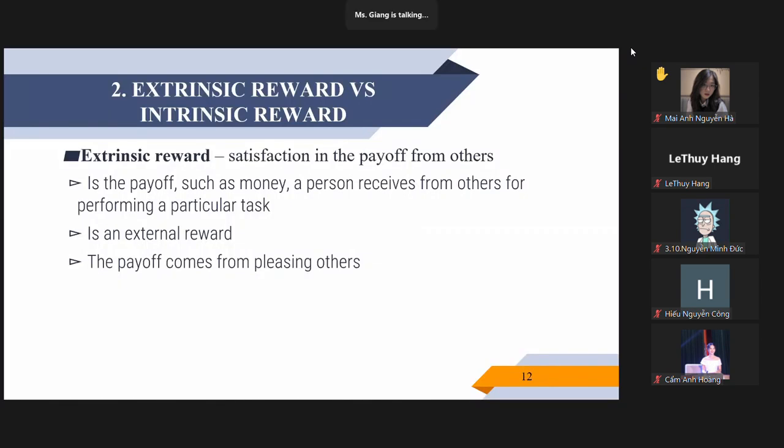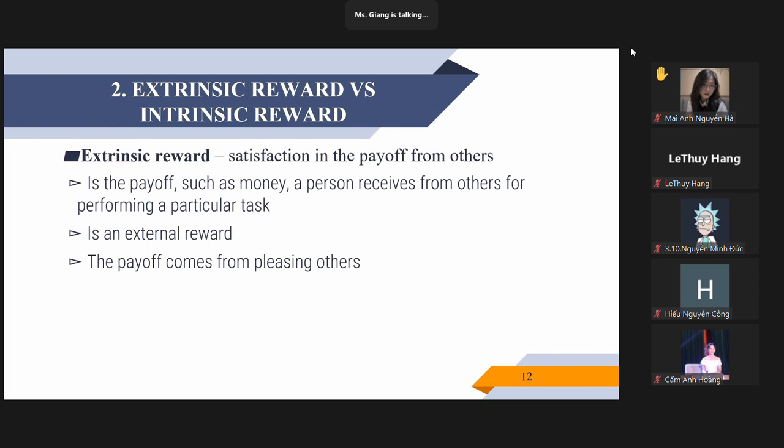In the simple model of motivation, I have talked about the two kinds of reward, the intrinsic reward and the extrinsic reward. So what are they? You can easily find out that extrinsic reward comes from the external environment and intrinsic reward comes from the internal environment.